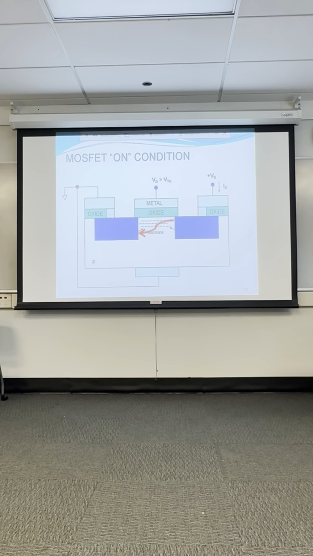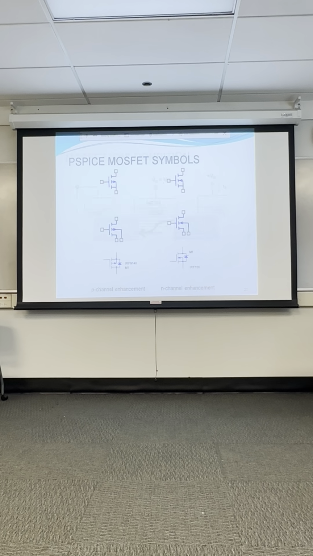So here, the MOSFET is on when we have a channel under the gate oxide, and electrons can flow from the drain to the source. The gate voltage is greater than the threshold voltage. Some of the symbols, you can check these in PSpice, and there's actually another simpler symbol that we're going to be using.